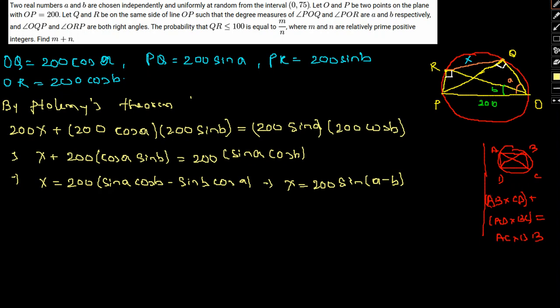Now what we want is that mod x should be less than or equal to 100. The absolute value comes from the fact that A is not greater than B. From the diagram we can say that A is not greater than B.